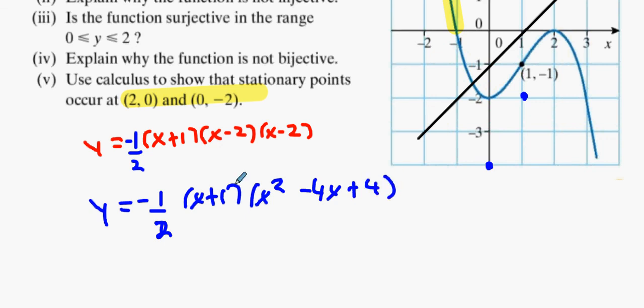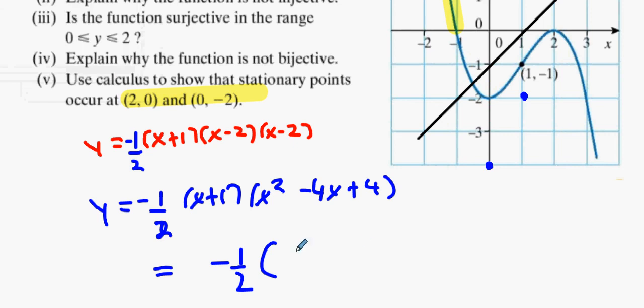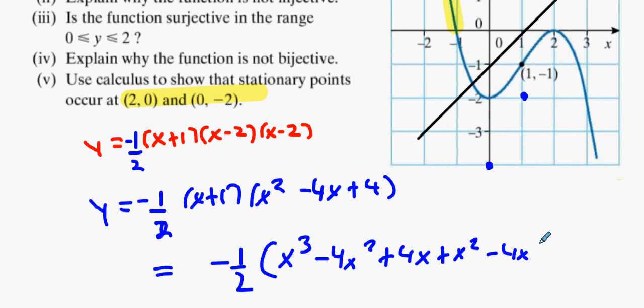Then I'm going to multiply this out, and you get x cubed minus 4x squared plus 4x, x squared minus 4x plus 4.